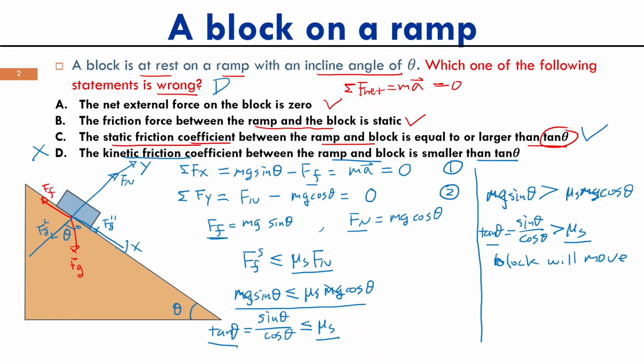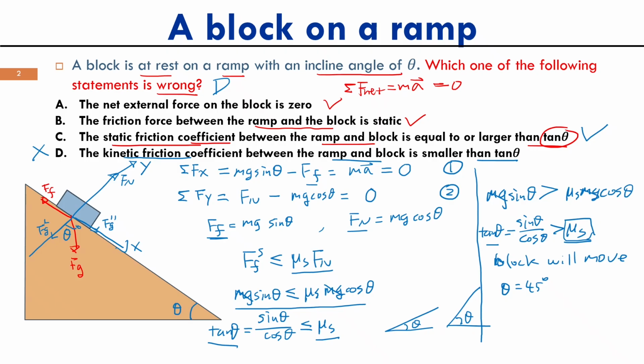For example, if the question asks you to determine the static friction coefficient of a certain surface, what can you do? You can change the incline angle of the surface. For example, this is your incline angle, theta, and you gradually increase this angle until at a certain angle, for example when theta equals 45 degrees, your block just starts to move.